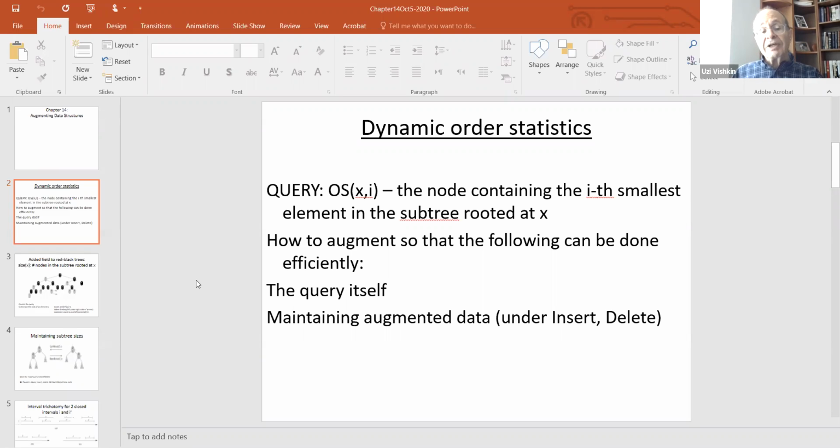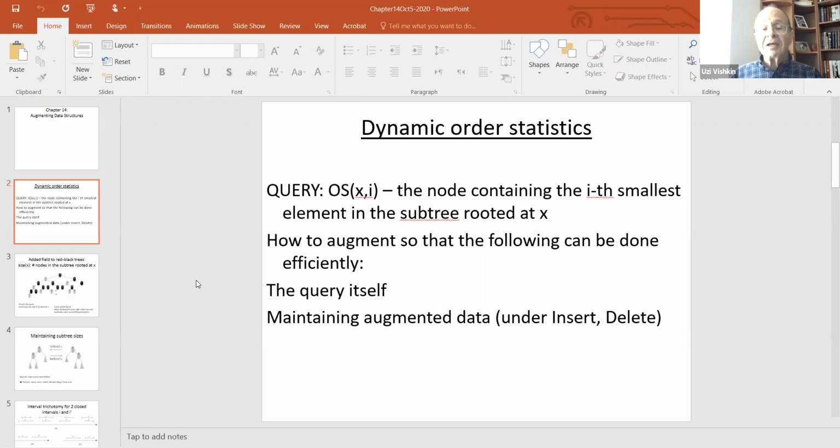Both address the query itself, meaning show you how to do it, where it replaces a search. And the other thing is, remember what was attractive about these data structures, that they were amenable to changes such as insert or delete. So can I still update the values that I need to keep in an efficient way when I don't only answer the query, but I also keep changing them?